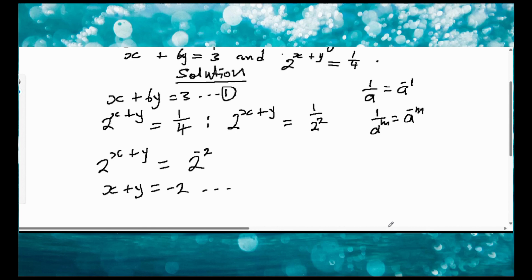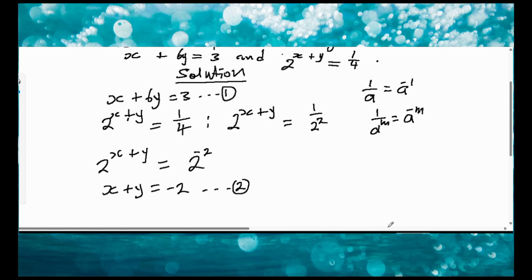Now it's going to be our equation 2. See, we have reduced the exponential equation 2 raised to the power x plus y equal to 1 over 4 to x plus y equal to minus 2.